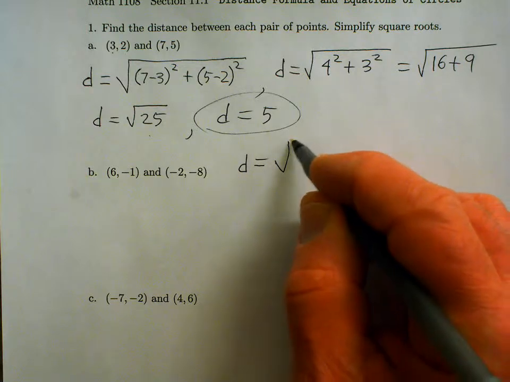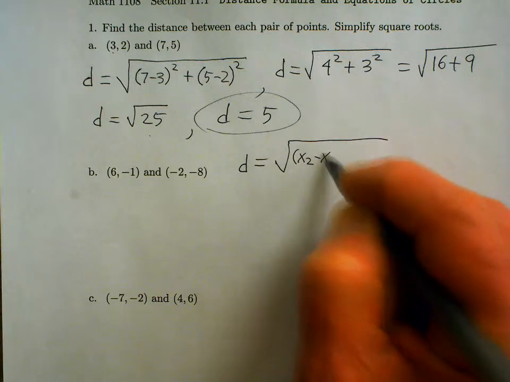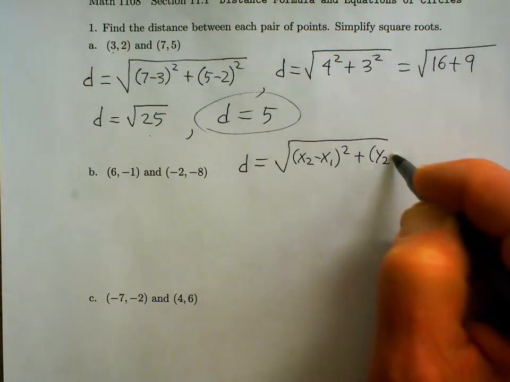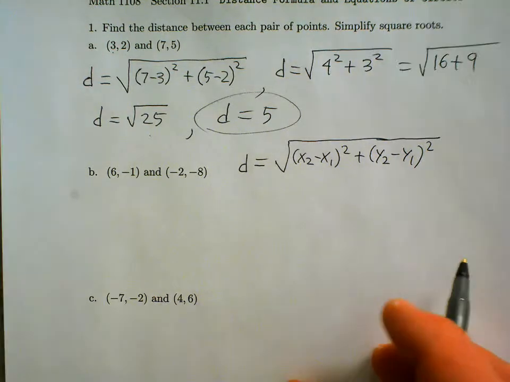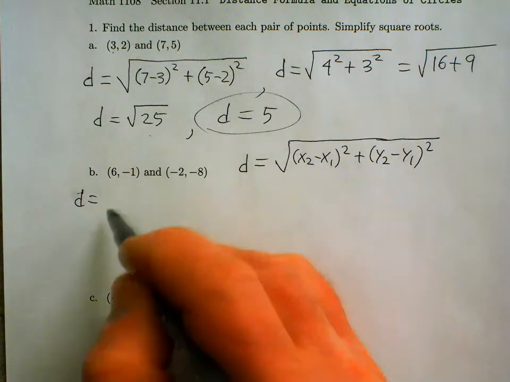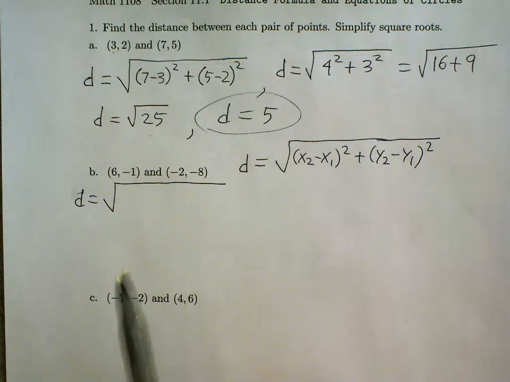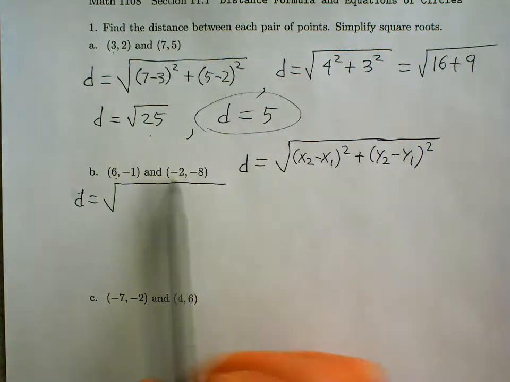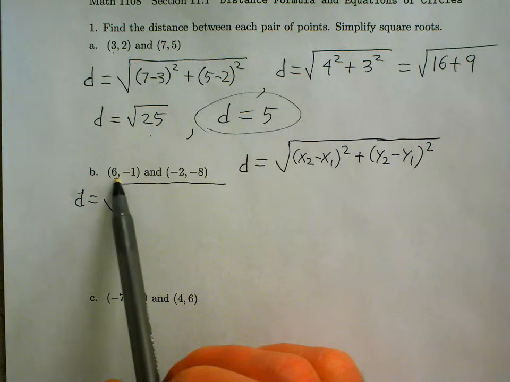So the distance formula is the square root of x2 minus x1 quantity squared plus y2 minus y1 quantity squared. So the distance is the square root. Inside the square root, with negative numbers, you have to be careful.